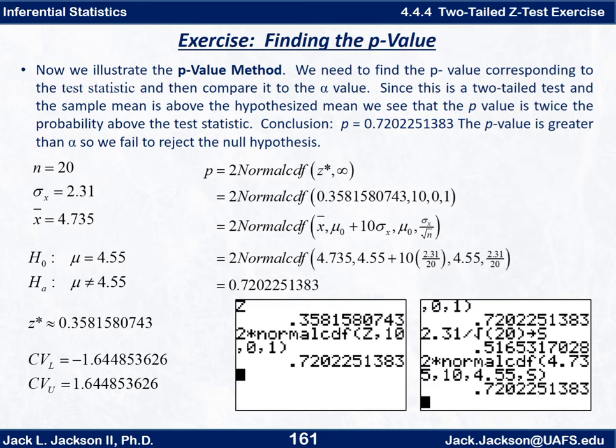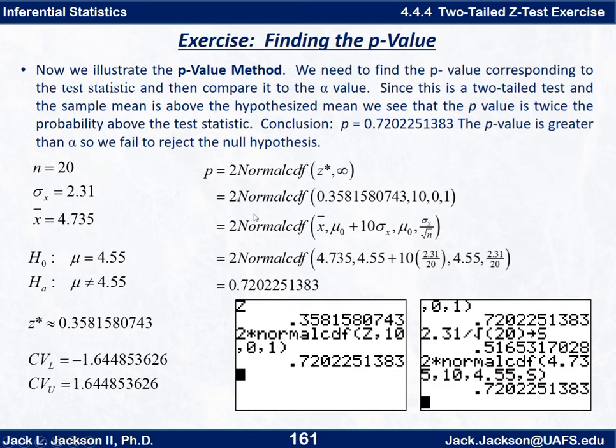So you just find the probability associated with that z star statistic. The p-value is the probability of getting something at that level or further out, more extreme, in this case further away from the mean, if the null hypothesis is actually true.